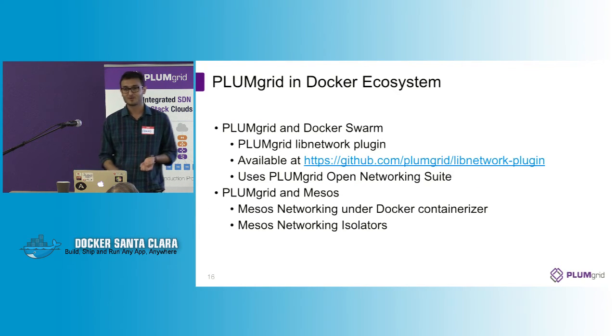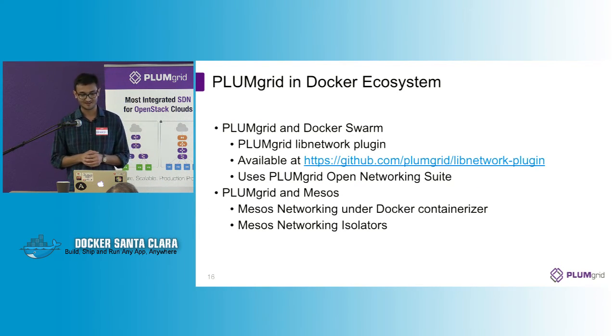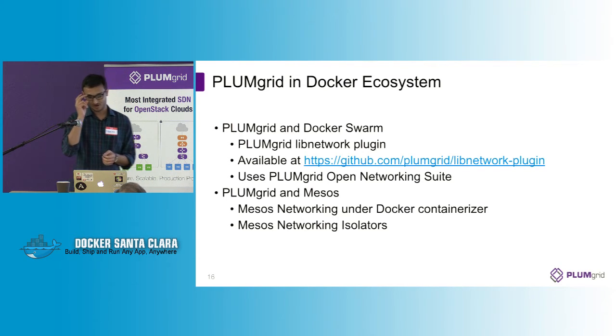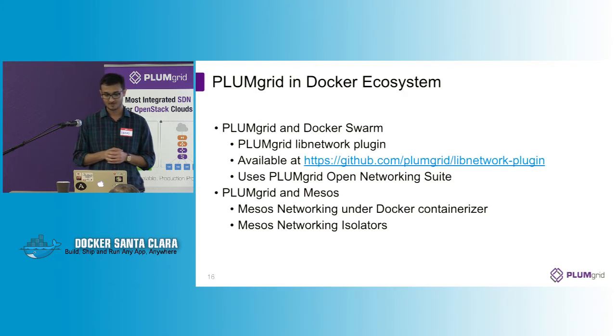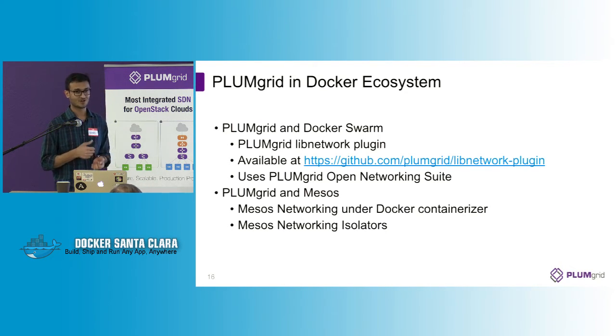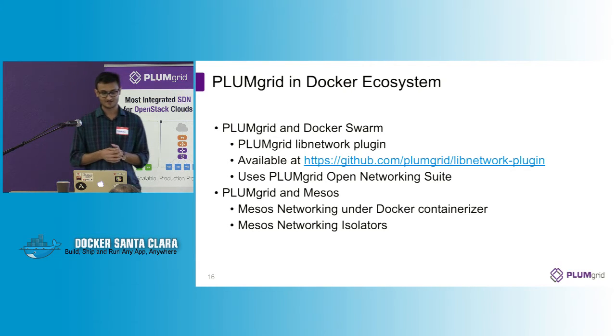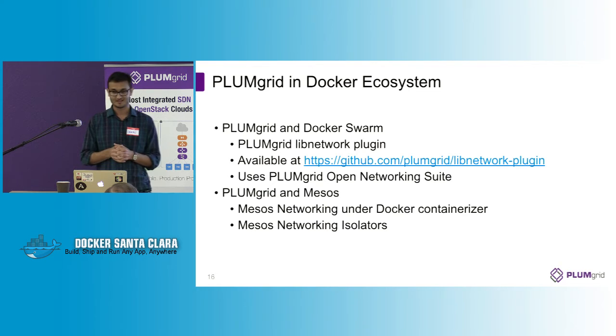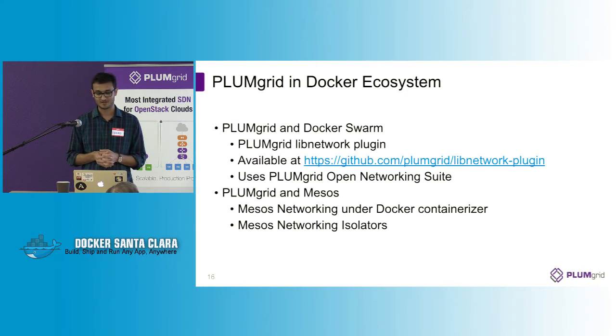So where is PLUMgrid's involvement in the Docker ecosystem? Specific to Docker, PLUMgrid works with Docker Swarm or Docker as a libnetwork plugin. It's available on this link. It uses PLUMgrid ONS, which is built on top of IOVisor, and this offers some capabilities. As the fellow over here asked, these remote drivers, PLUMgrid is a remote driver, by the way. So the libnetwork plugin with PLUMgrid has more capabilities than a normal plugin.